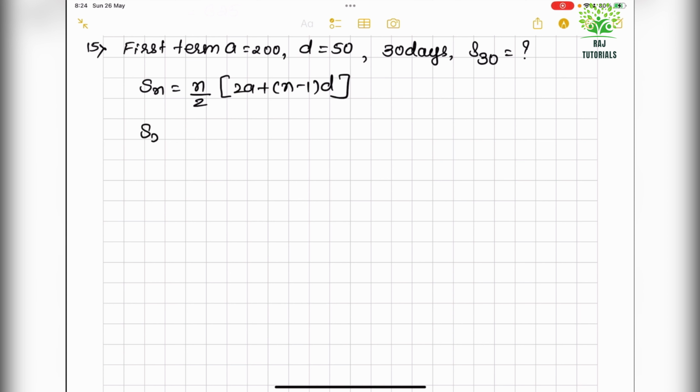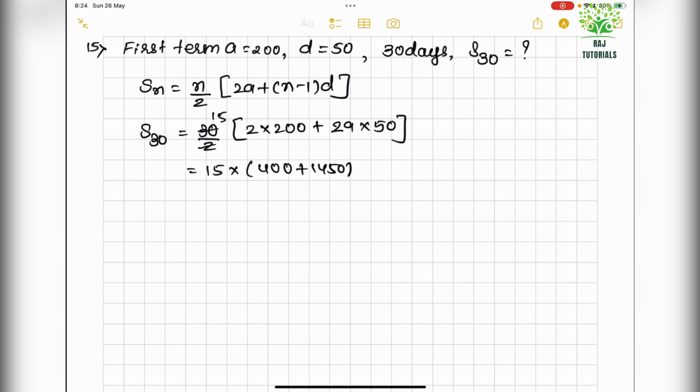So S30 will be 30 by 2, that is 15, into 2 into 200 plus 30 minus 1, which is 29, into 50. So 15 into 400 plus 1450. So 15 into 1850. So that will come to 27,750.